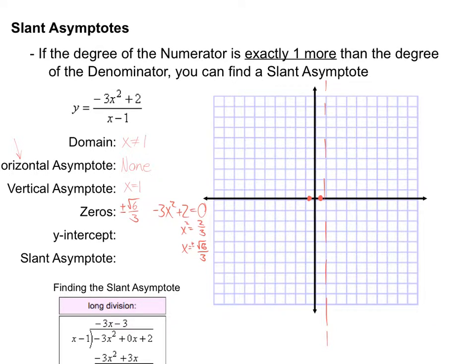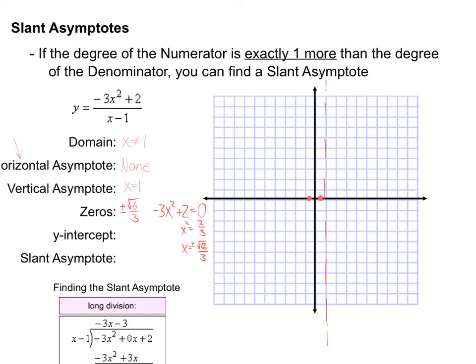And one other point that's pretty easy to find is our y-intercept. Chengo, how do we find a y-intercept? Set x equal to 0.